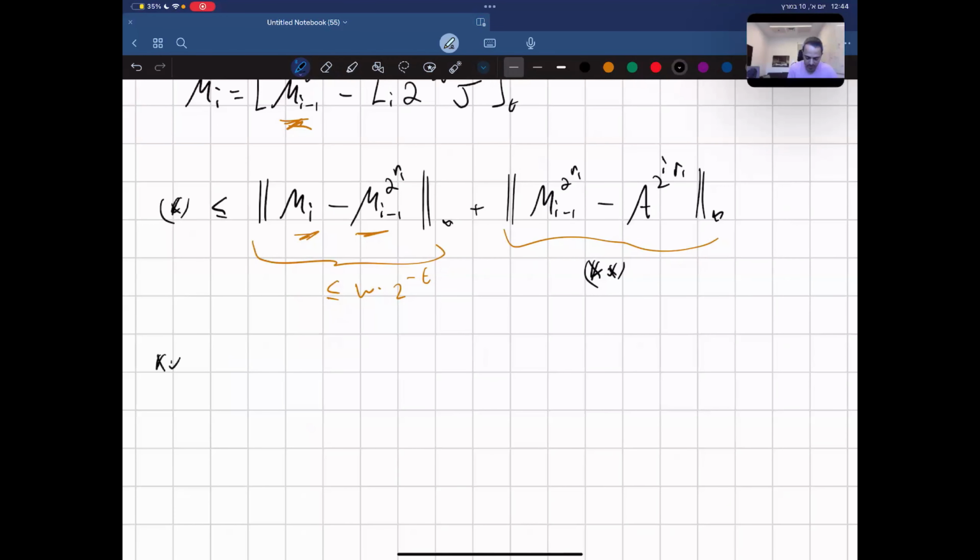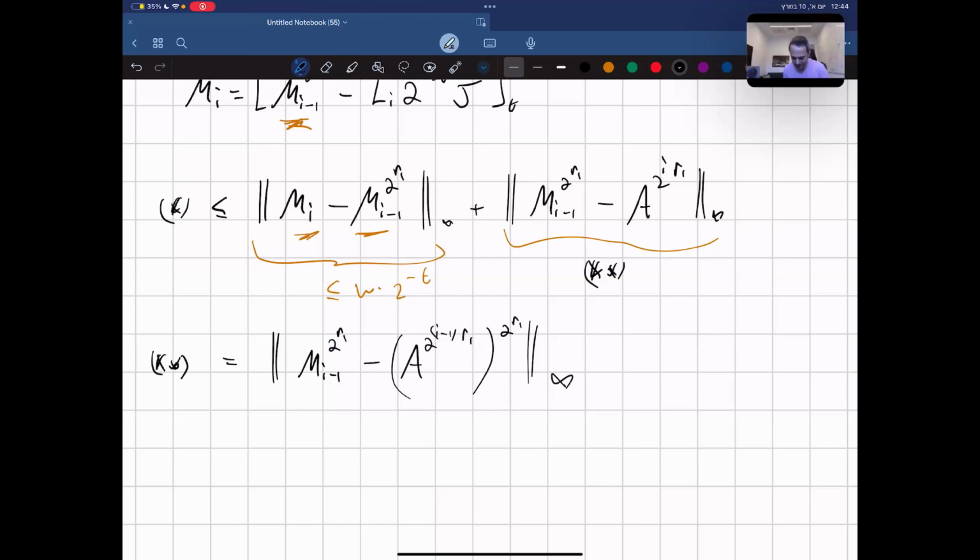Double star you can write as M to the 2^(r1) minus A to the 2^(r1). That's kind of confusing because there are three exponents, but the base one is really a matrix.